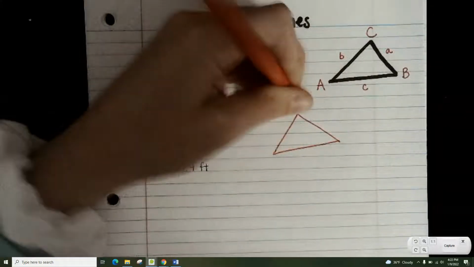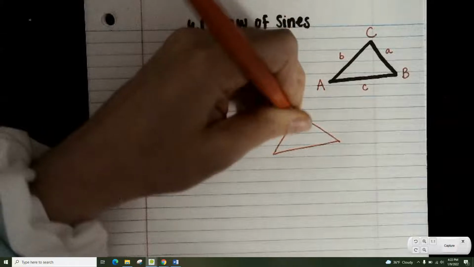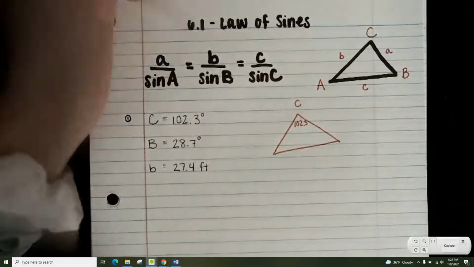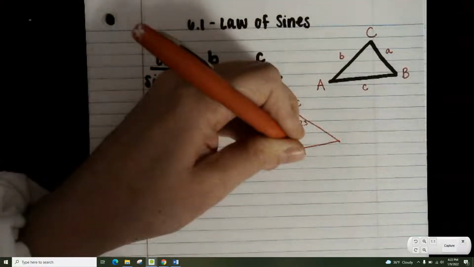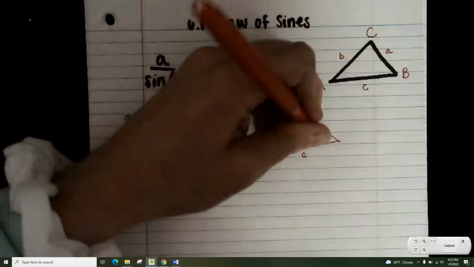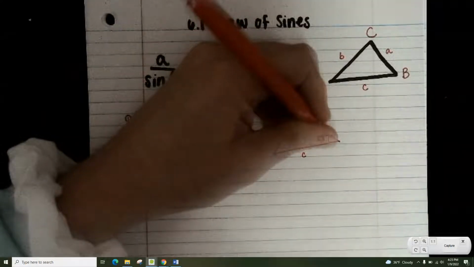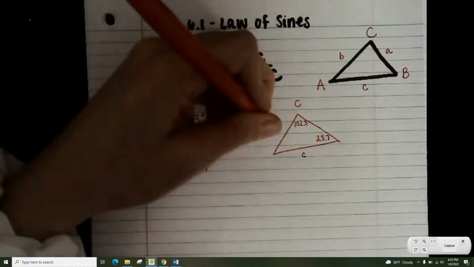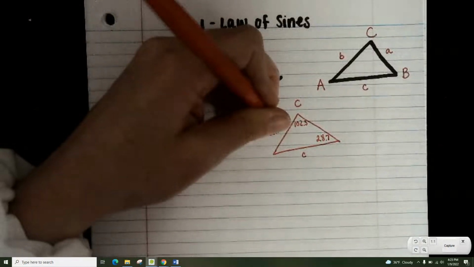I'm going to call this C, and that is 102.3 degrees. I don't have the side length across from it. I have angle B, which is 28.7, and I have the side length across from that, which is 27.4.